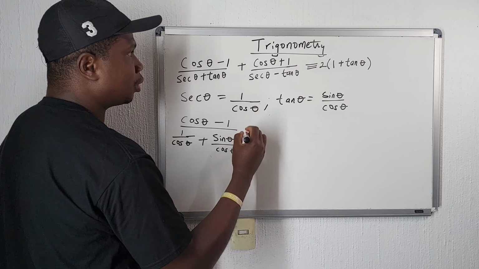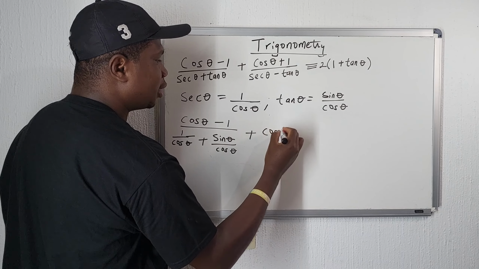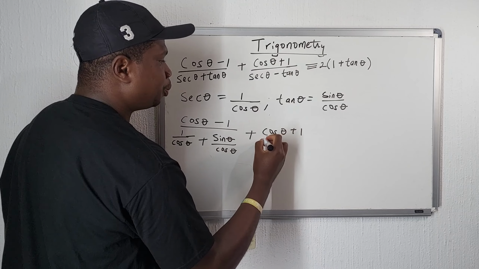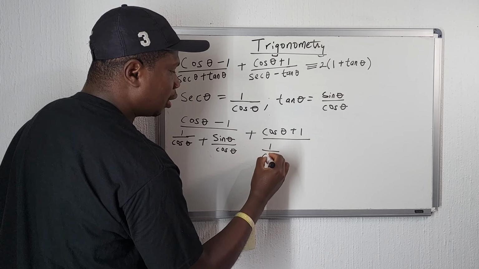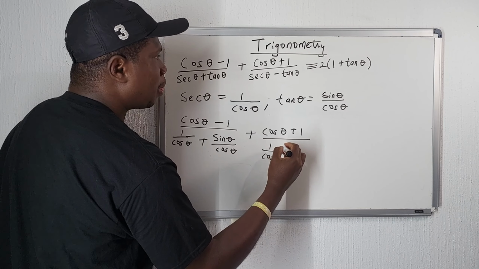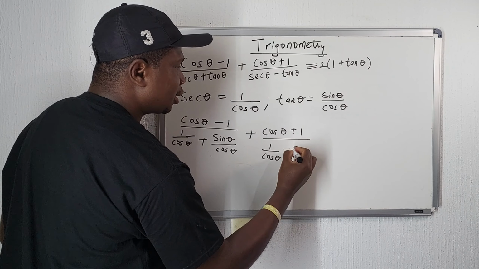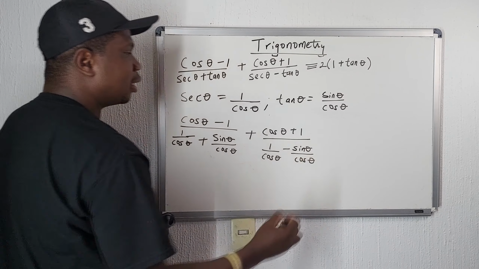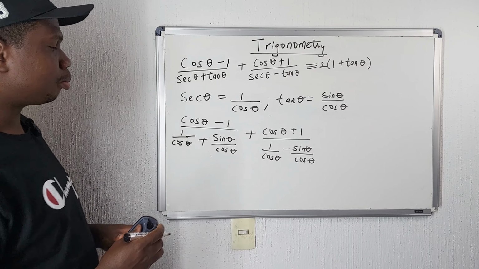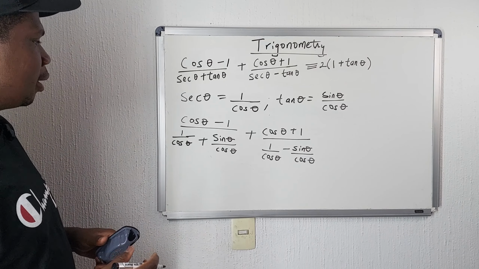Then plus cos theta plus 1 over sec theta, which is 1 over cos theta, minus tan theta, which is sin theta over cos theta.